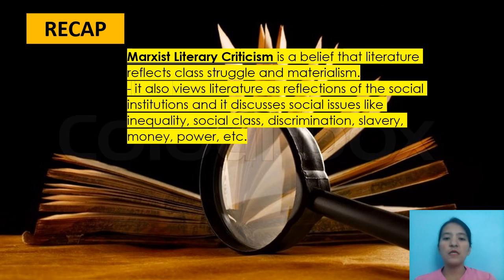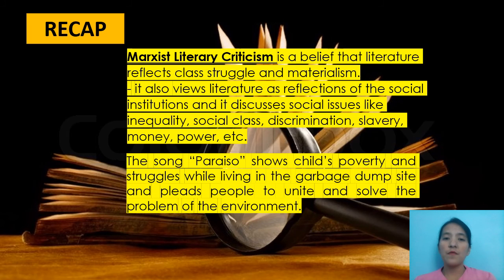It also views literature as a reflection of social institutions, and it discusses social issues like inequality, social class, discrimination, slavery, money, power, etc. The song Paraiso shows a child's poverty and struggles while living in a garbage dump site and pleads to people to unite and solve the problem of the environment.